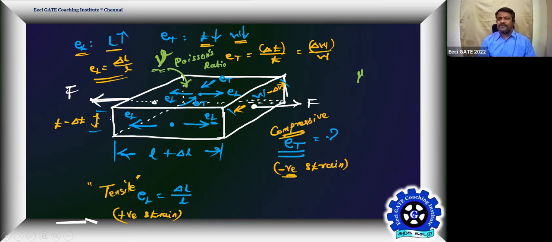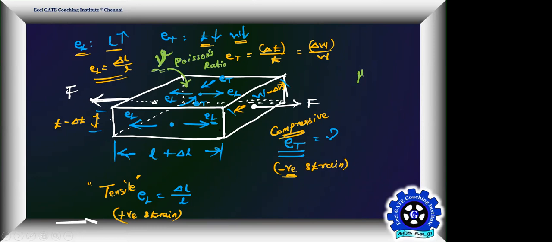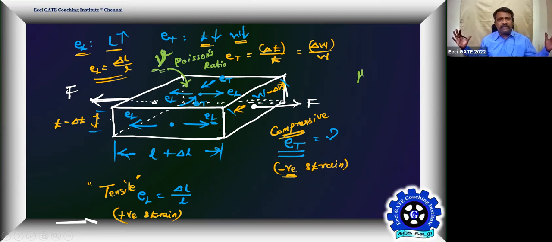Yes or no? Yes. If I make a compressive force on the force axis, then EL will become compressive, which is going to reduce the length. The one that decides whether the length is increasing or decreasing is your longitudinal strain. So it is still delta L by L, but delta L is not positive, it is negative.